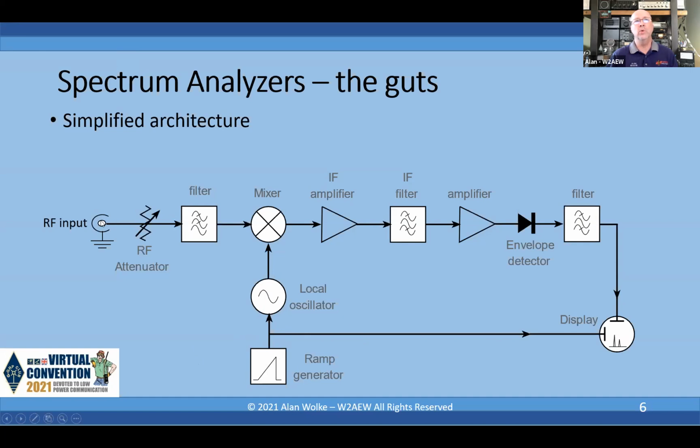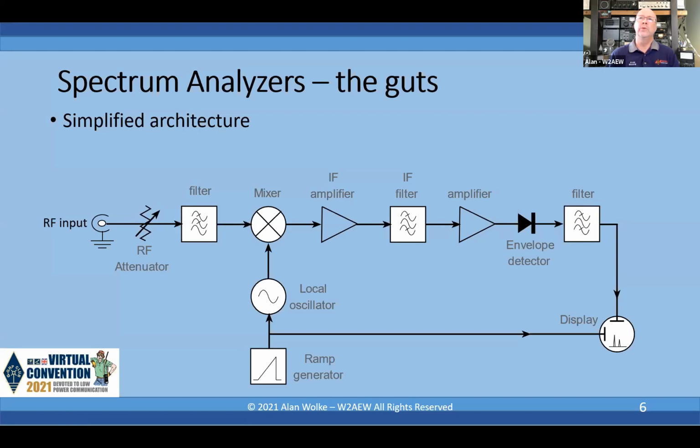Therefore, we're sweeping what input frequencies are landing in the IF and being detected and displayed. As we sweep across the display, we're plotting out the amplitude of the various signals that are landing in the IF as we sweep across the band. Quite simply, that's what a typical old school swept spectrum analyzer does.